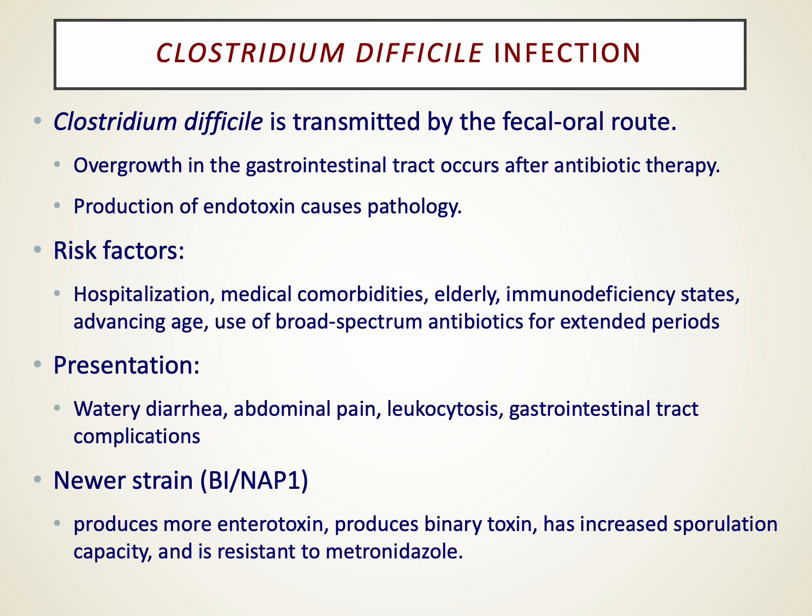You can't necessarily say that, but it's common in more fulminant cases of C. diff. And in the last decade or so, there's this newer, more serious strain with more enterotoxins associated with it. This BI/NAP1 strain is a concern for us.